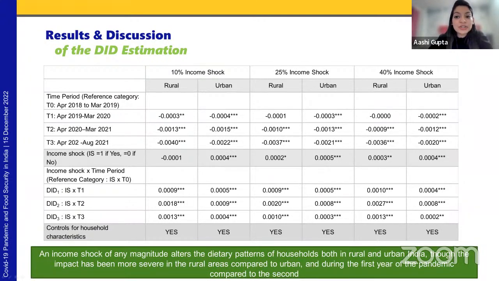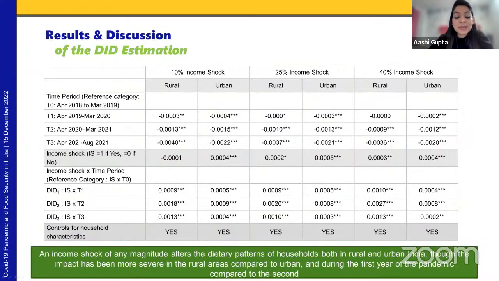The coefficients of T2 and T3 are negative, implying that the trend of dietary diversification continued in 2020 and 2021. And if we compare rural and urban coefficients, the magnitude of decrease is larger for rural areas. The coefficient of IS, that is the income shock, captures the difference in IDD between intervention and the control group.